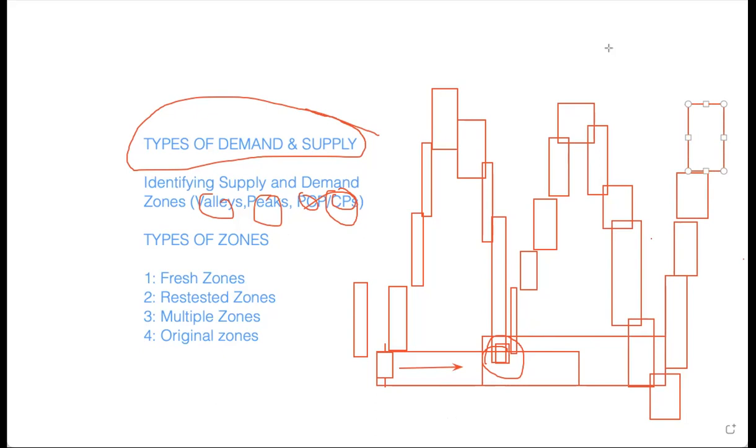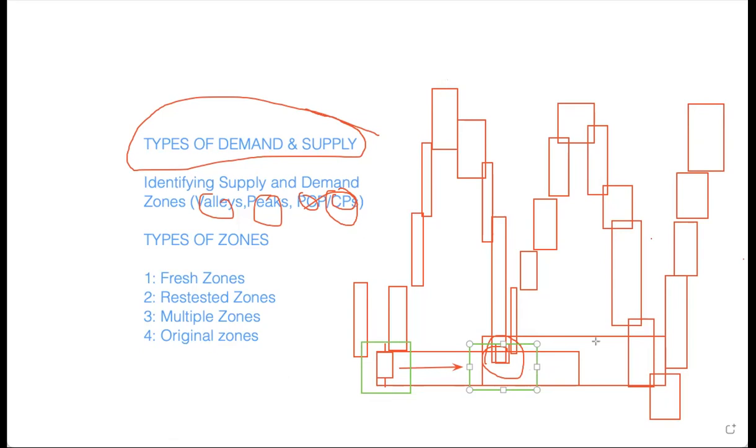So I said the first instance is called a fresh zone. The second retest means that zone has been retested. All right. And then we also have something called multiple zones.